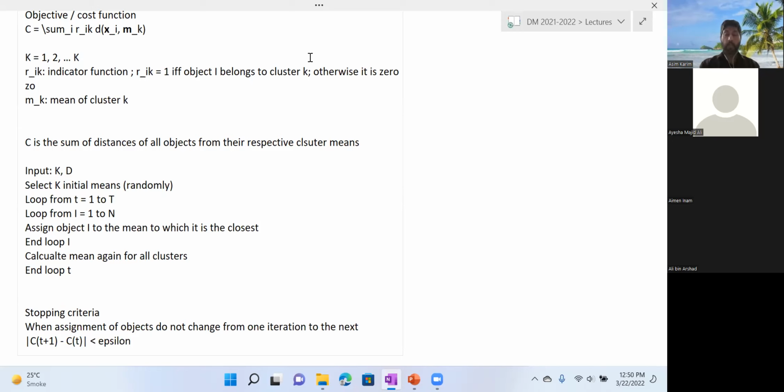Okay? Then you can stop. Meaning that, again, this cost would not change when there is no change in assignment. But let's say there is some change in assignment from one iteration to another and you're still not converging completely, you can use a small epsilon to determine when you want to stop.